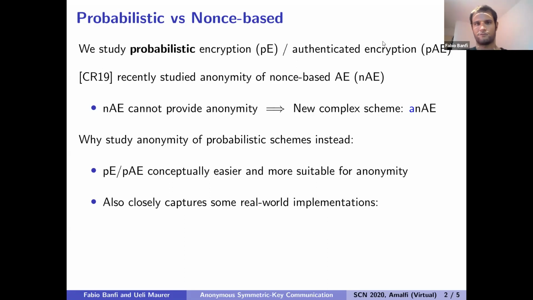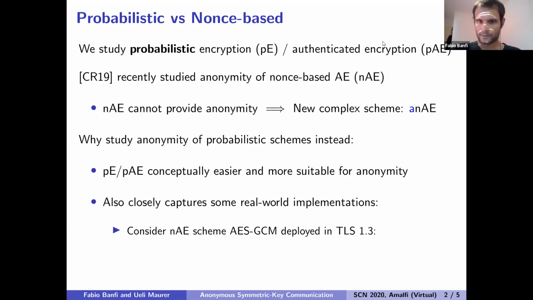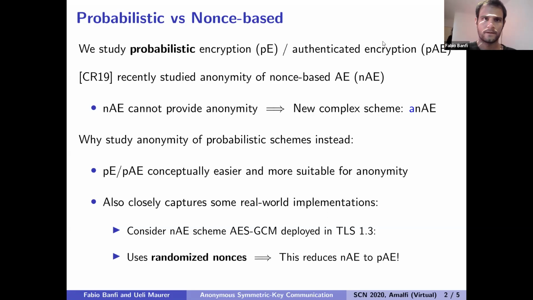In fact, in TLS version 1.3, there's a nonce-based AE scheme used, AES-GCM, where the nonces are used in a somewhat non-standard way, namely they are randomized. This means that mathematically we can model such a scheme as a probabilistic authenticated encryption scheme rather than a usual nonce-based one. In particular, our results apply to this class of nonce-based authenticated encryption schemes.